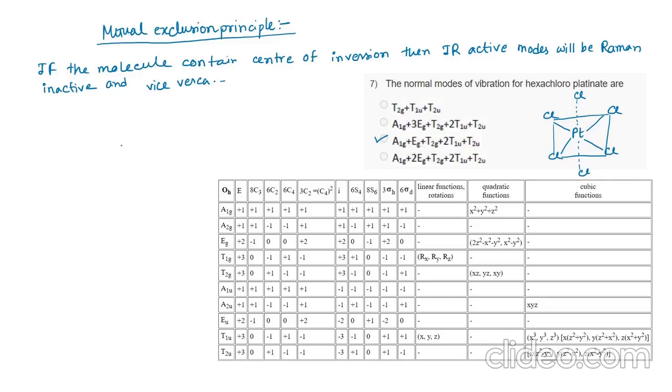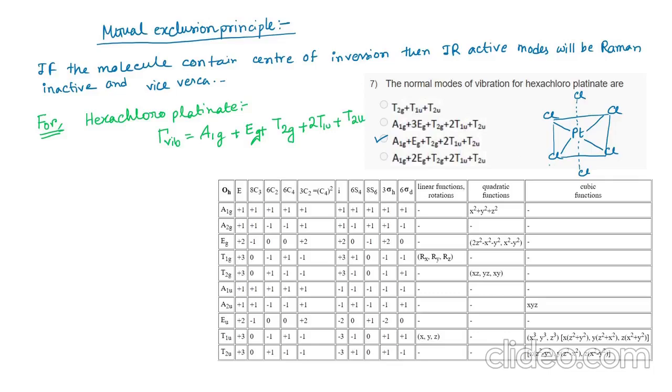Now for hexachloroplatinate, the normal modes of vibration contain A1g, Eg, T2g, 2T1u, T2u.